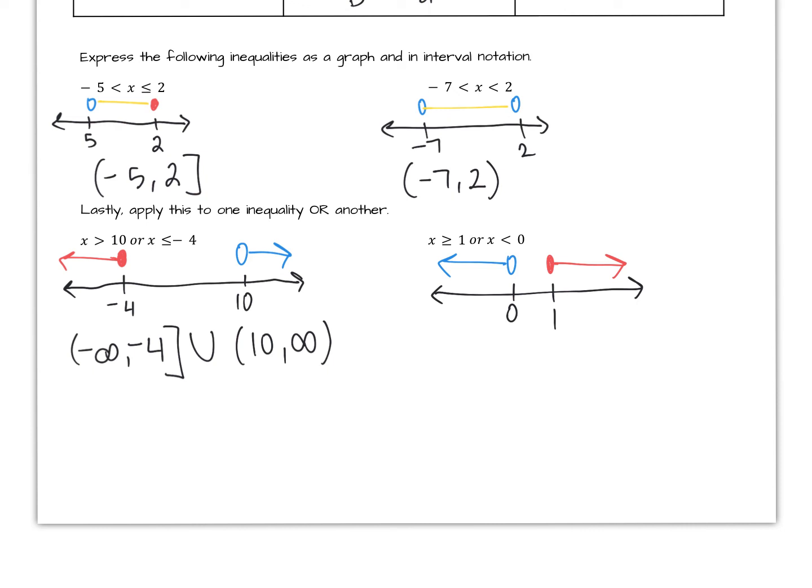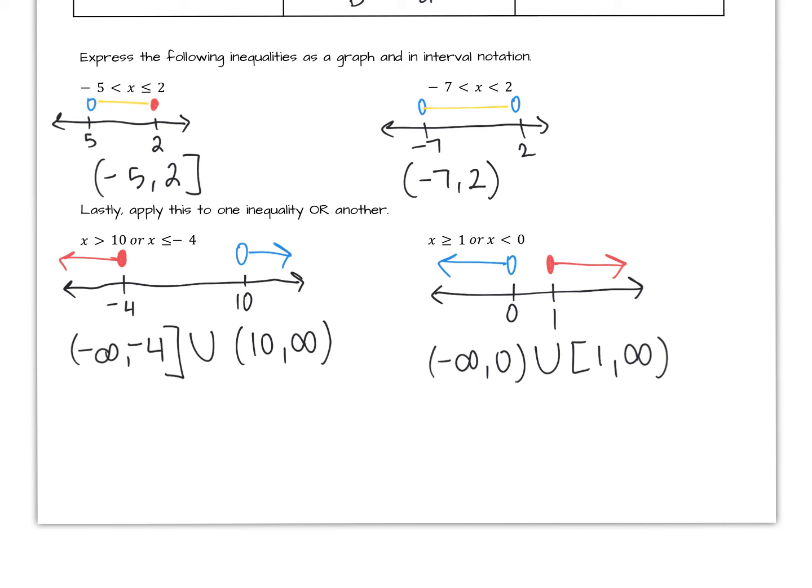So I have to start with the less than, which is 0. So parenthesis, negative infinity, comma, our value 0. And because it's strictly less than, it gets a parenthesis. Our union U. And then everything greater than or equal to 1. So closed circle means a bracket. Our value 1, comma, infinity with a parenthesis.